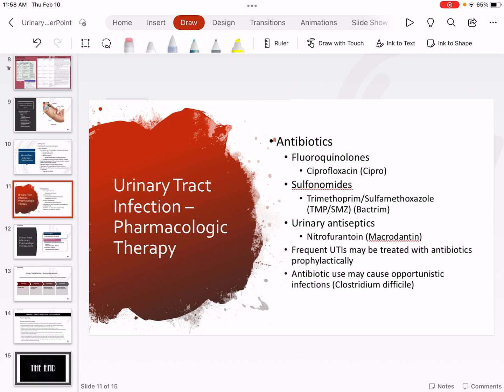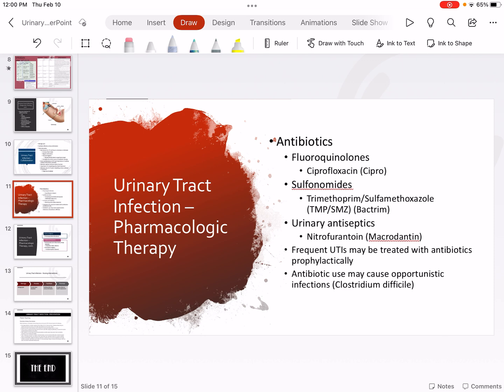So diagnostic testing, they might have these procedures done. So an IVP, that's again where they start an IV and they inject dye to analyze the internal structures of the urinary tract. A voiding cystourethrography, that's a big long word.